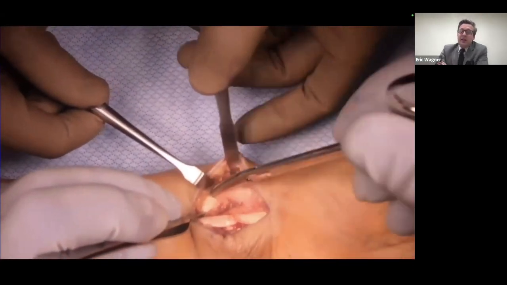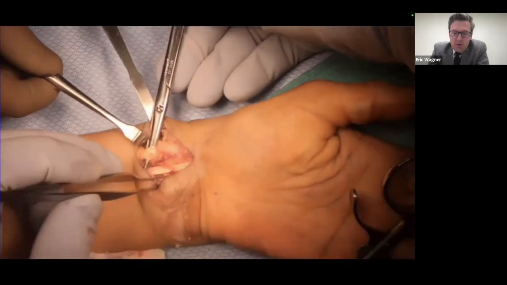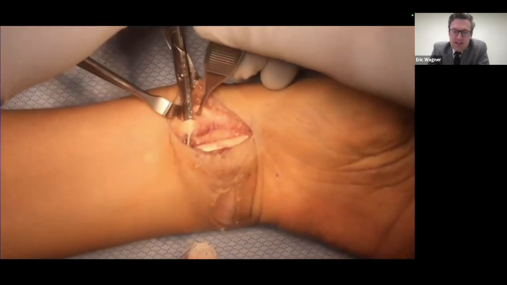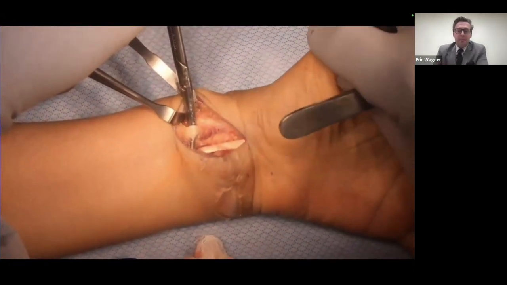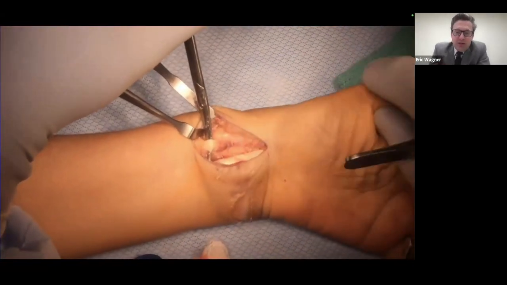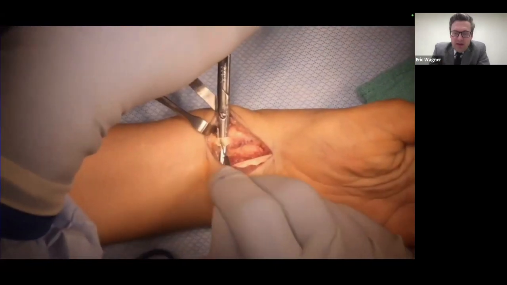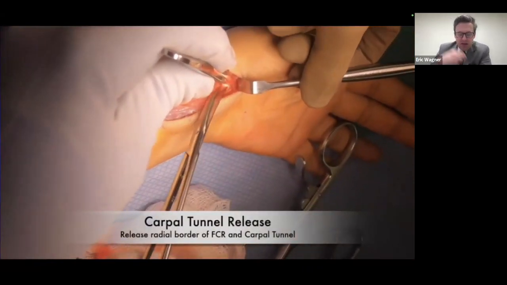I do think taking the brachioradialis down is really important in a lot of these fractures. But this is a classic FCR approach. I'm opening up, releasing the brachioradialis, making sure I'm not endangering the first compartment, and making sure I'm well free of the thumb tendons. And then I'm going to take off the PQ.